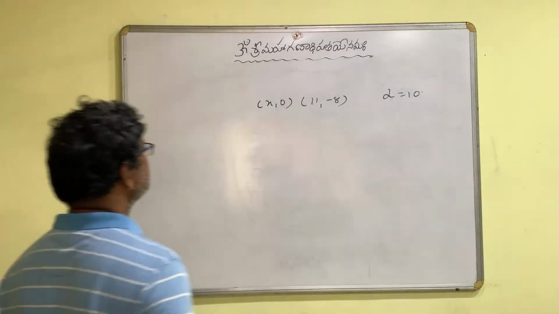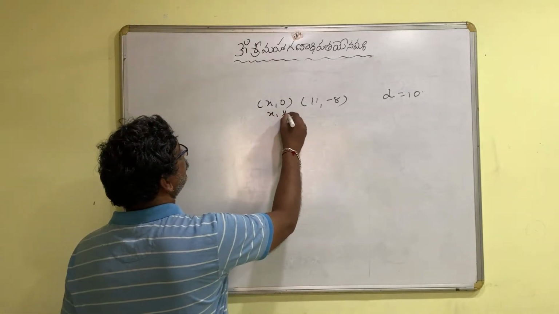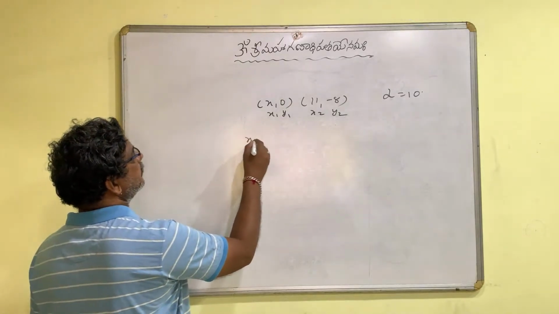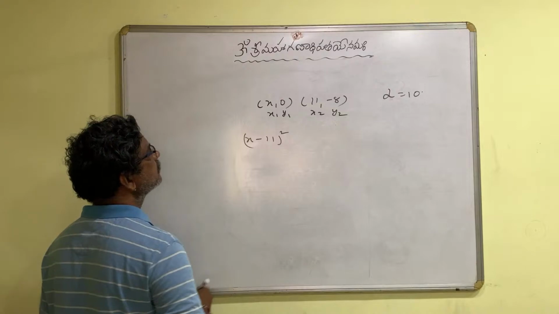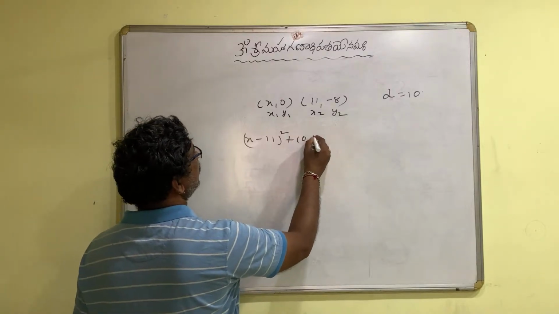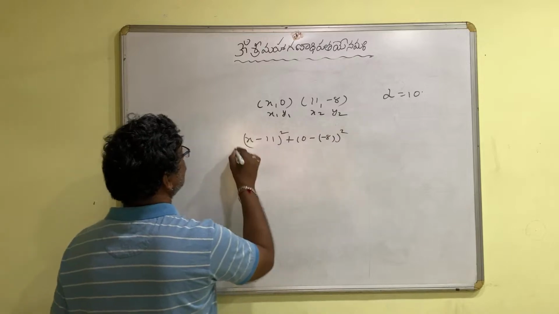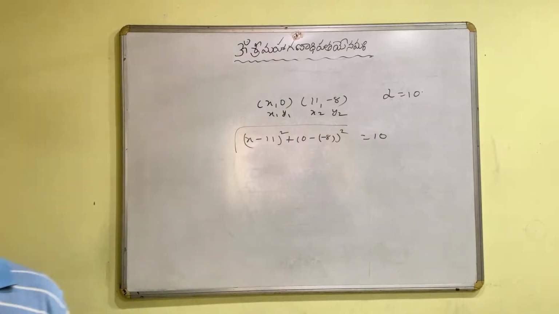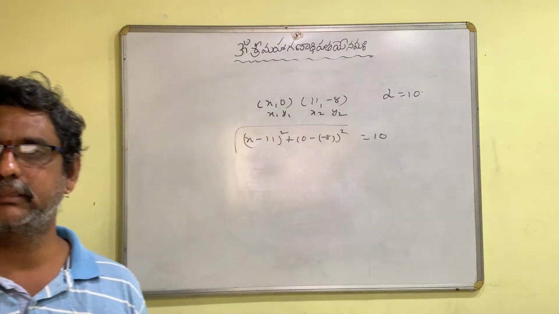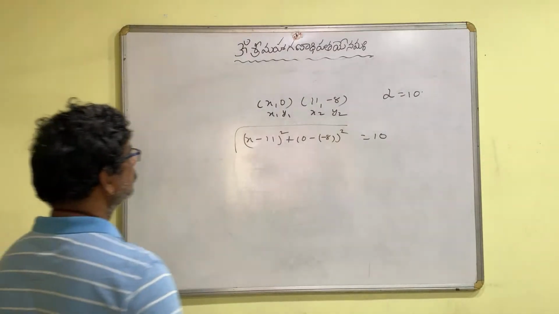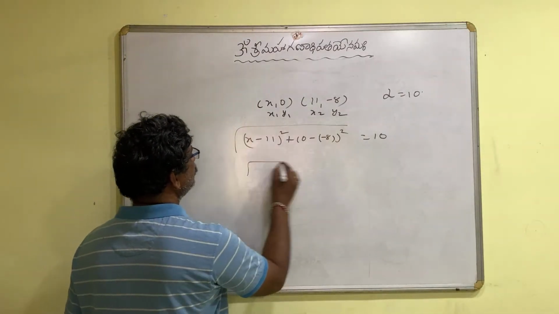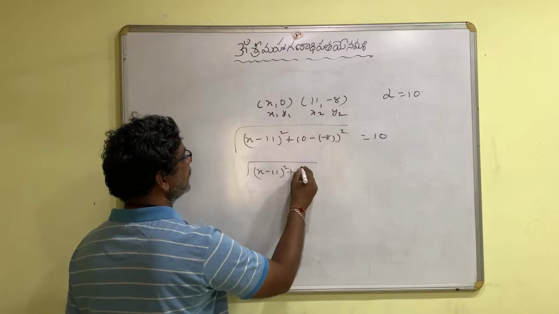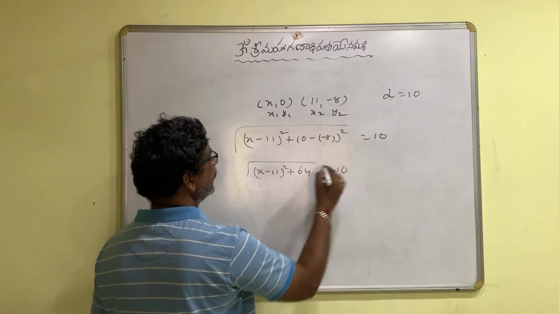First calculate the distance. x1, y1, x2, y2. So x minus 11 whole square plus 0 minus minus 8 whole square, root over, is 10. Now root over x minus 11 whole square plus this will be 8 square, 64, is equal to 10.